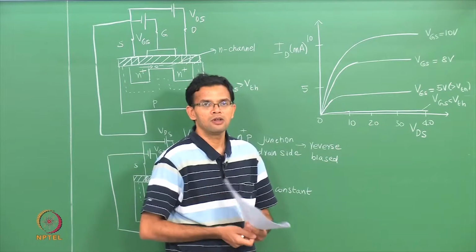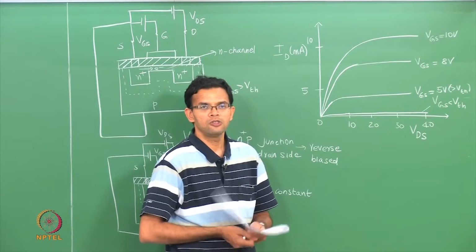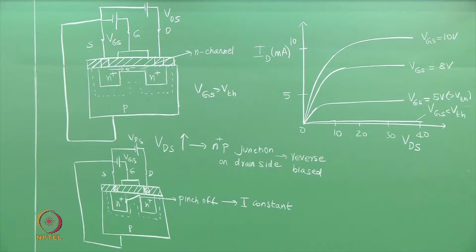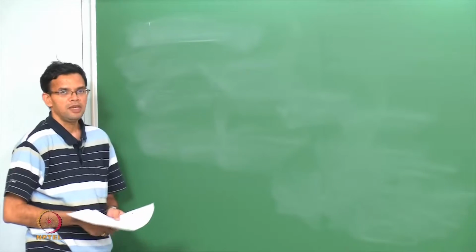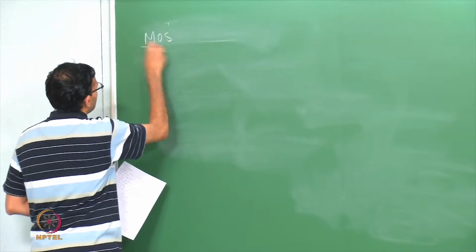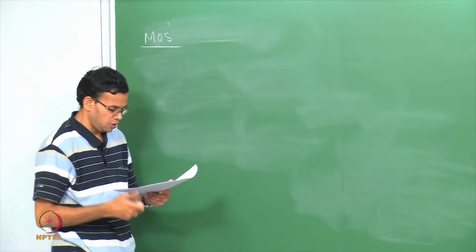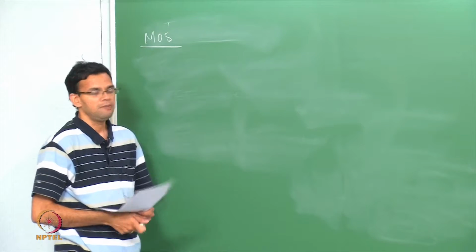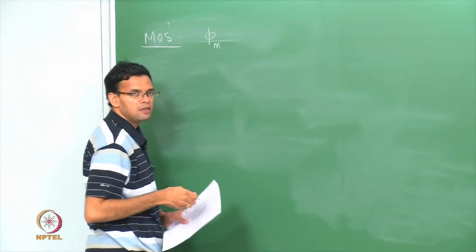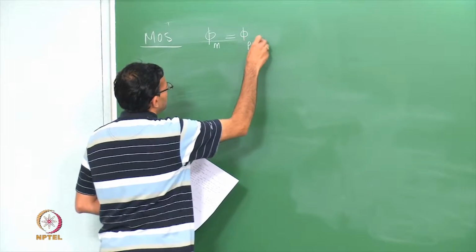So we will again look at the metal oxide semiconductor junction and look more closely at the band picture and especially band bending. Let me go back to my picture of the metal oxide semiconductor, and I want to draw a band diagram for this. For simplicity, I am going to say that the work function of the metal is the same as the work function of the p type semiconductor.